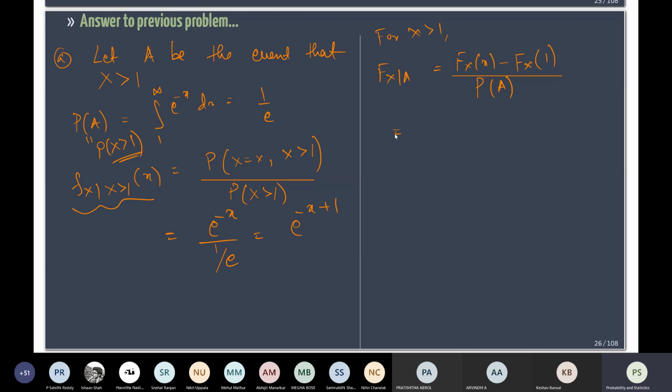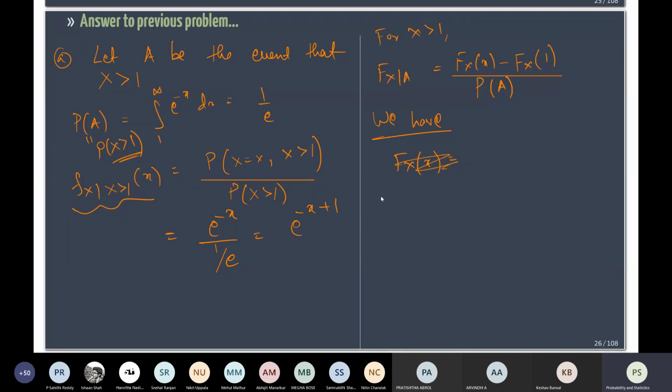Now we are supposed to find F_X(x). How do we find it? F_X(x) should be the integral of the PDF. Actually, I can compute this directly because I have the PDF already available.